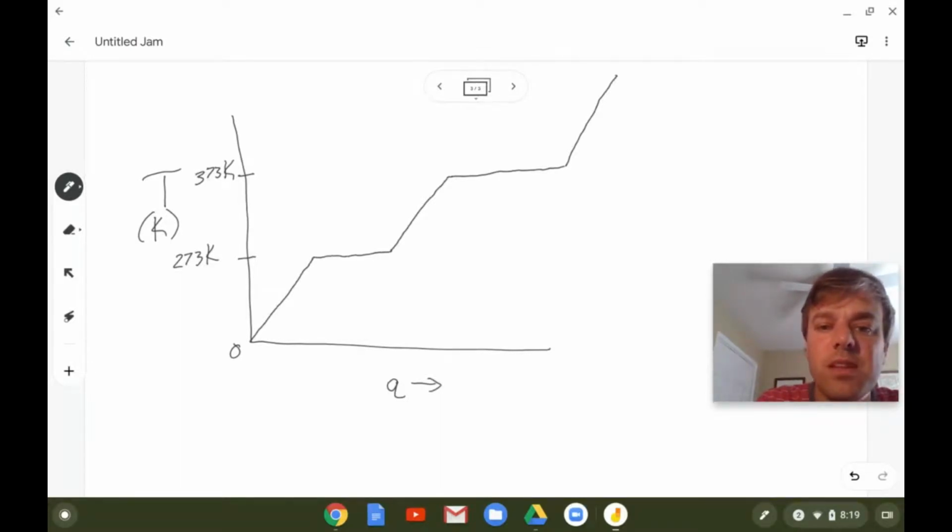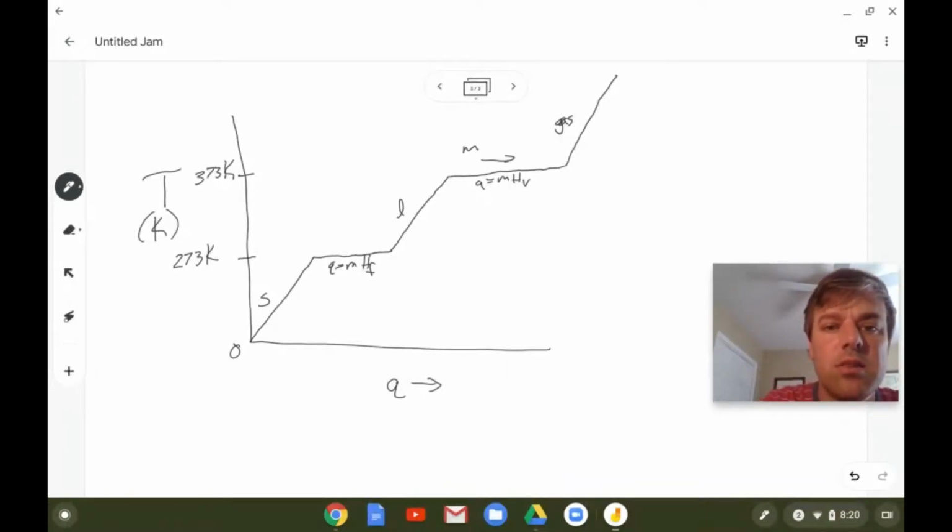So at this point along the curve, we're going to use Q equals M times H V, and down here, Q equals M times H F. So here we've got solid, liquid, gas. If we're going from left to right, this would be melting.